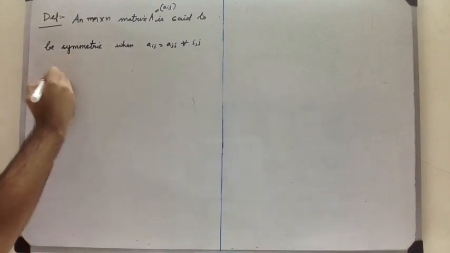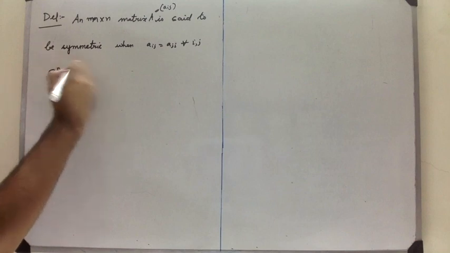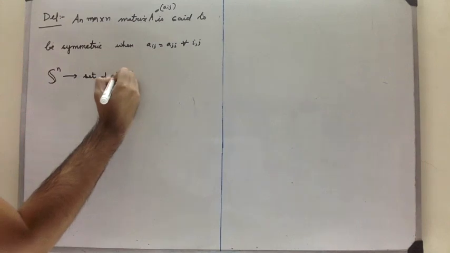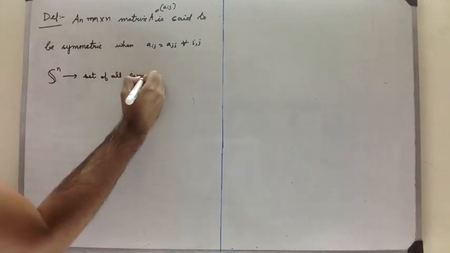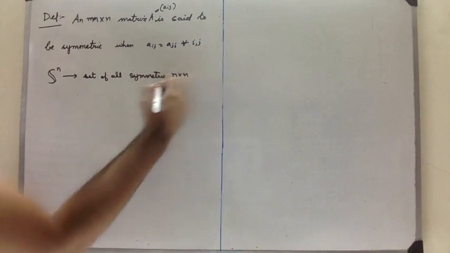We call the set of all symmetric n cross n matrices Sn.